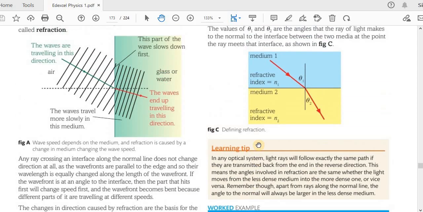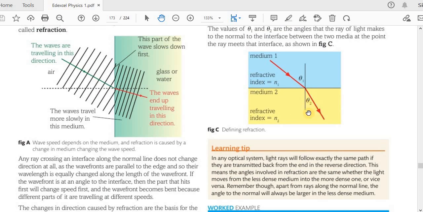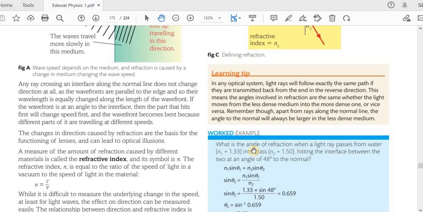Now you have to remember this equation and apply it, very simple: n1 sine theta 1 equals n2 sine theta 2. Now this is theta 2, and we are supposed to find theta 2. What is the angle of refraction when a light ray passes from water, n1, into glass, n2?